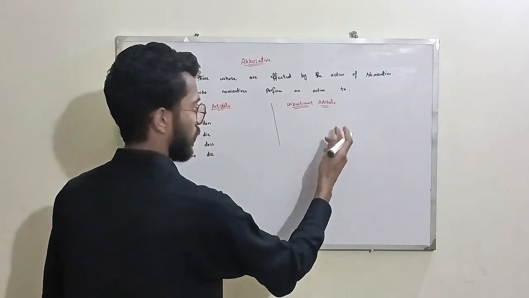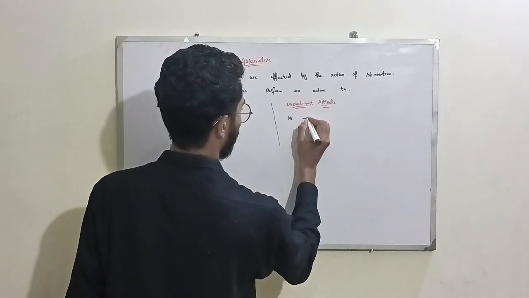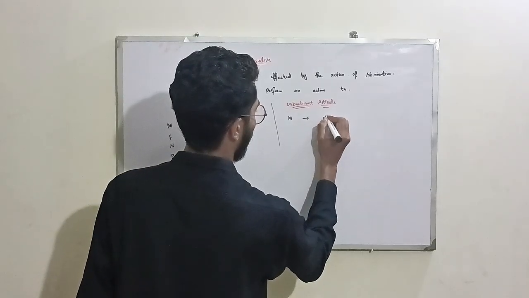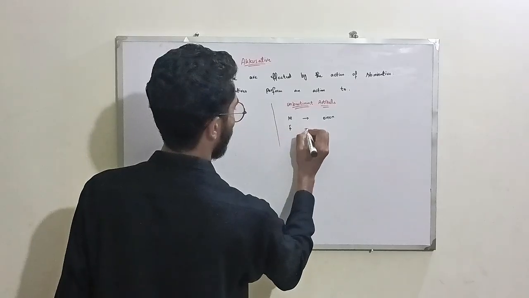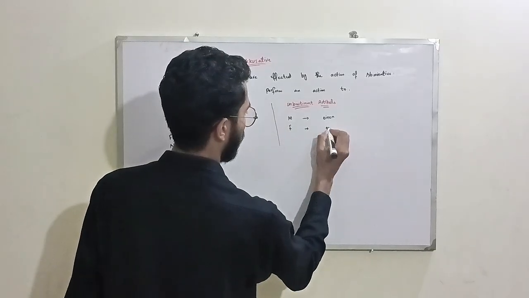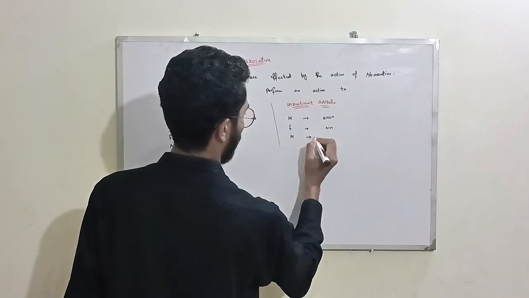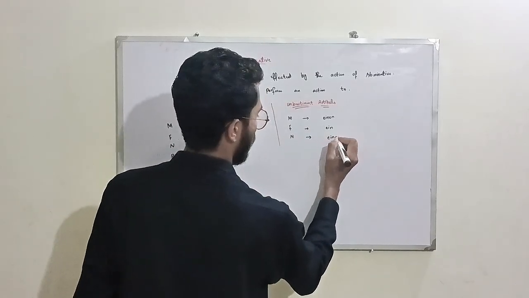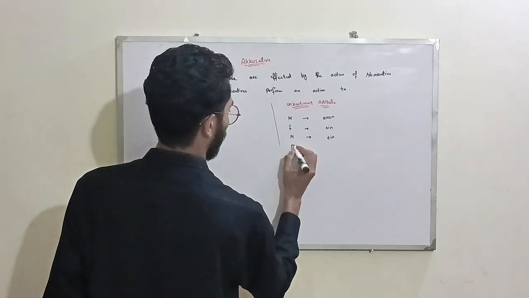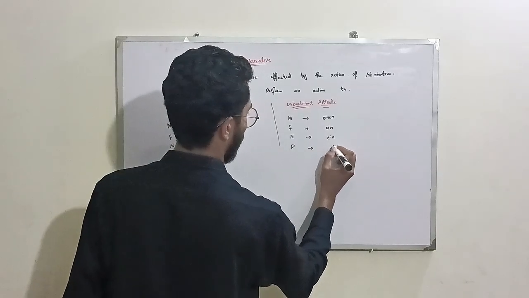In undistinct articles, masculine changes to einen. Feminine will remain the same as nominative, eine. For neutral, same as nominative, ein. There is no plural in undistinct articles.